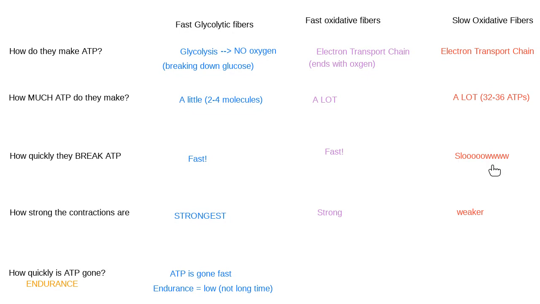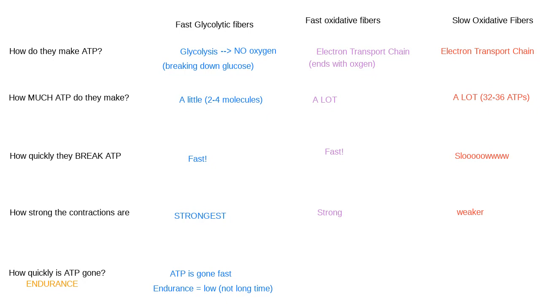One of them breaks down the ATP really slowly. When we talk about which of these two types of fibers run out of ATP later, who's going to have ATP that lasts the longest? Who's going to be best for an endurance activity?